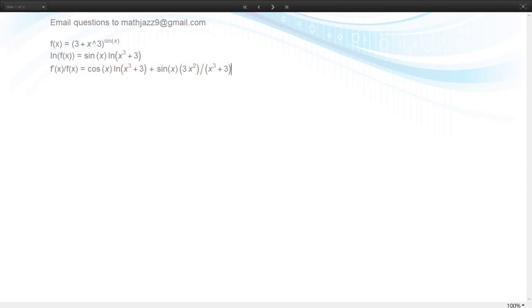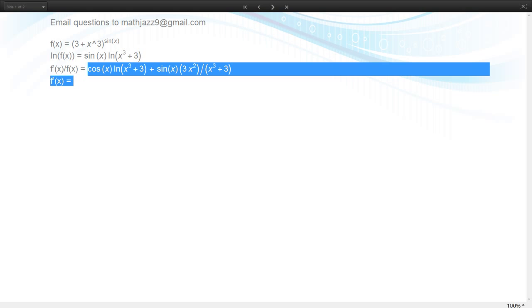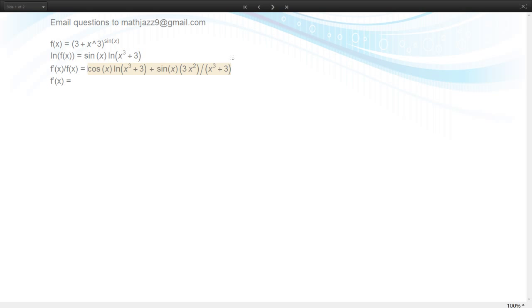And now, to solve for f prime, we have to multiply both sides by f of x. We get f prime of x is equal to this thing on the right-hand side, not divided by, multiplied by our original function. There we go.